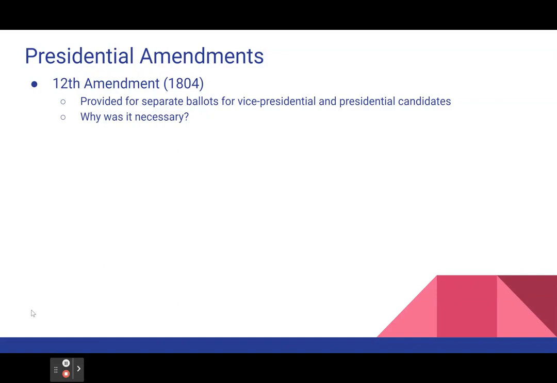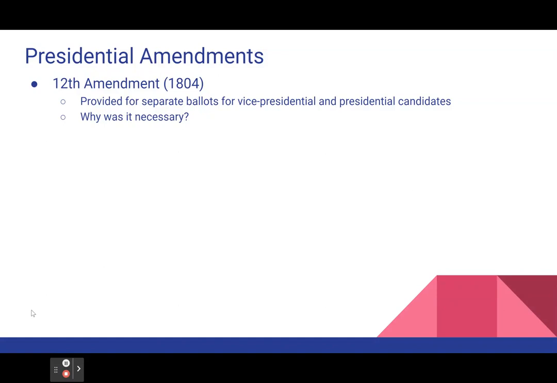At that point, the Constitution did not say that the House of Representatives will vote for president and the Senate will vote for vice president. It said the winner of the most votes would be the president, and the runner-up would be vice president.